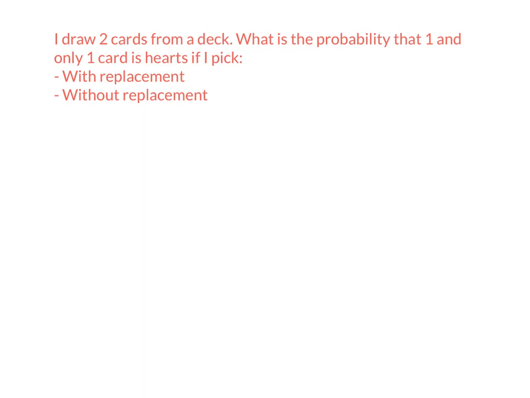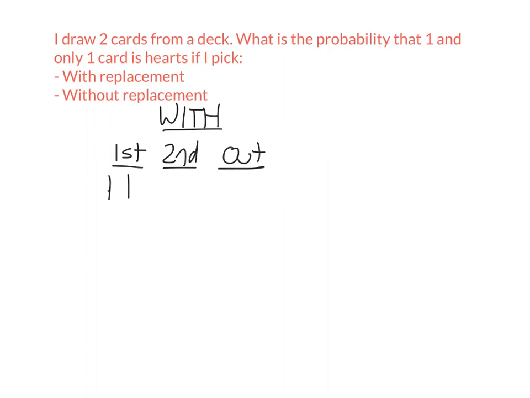So let's start off by looking at with replacement. So I'm going to draw a tree diagram. So of course there are 2 stages, first draw and second draw. So I'm not going to go and list on the first draw all 4 suits because I'm only interested in whether the card was a heart or not a heart.